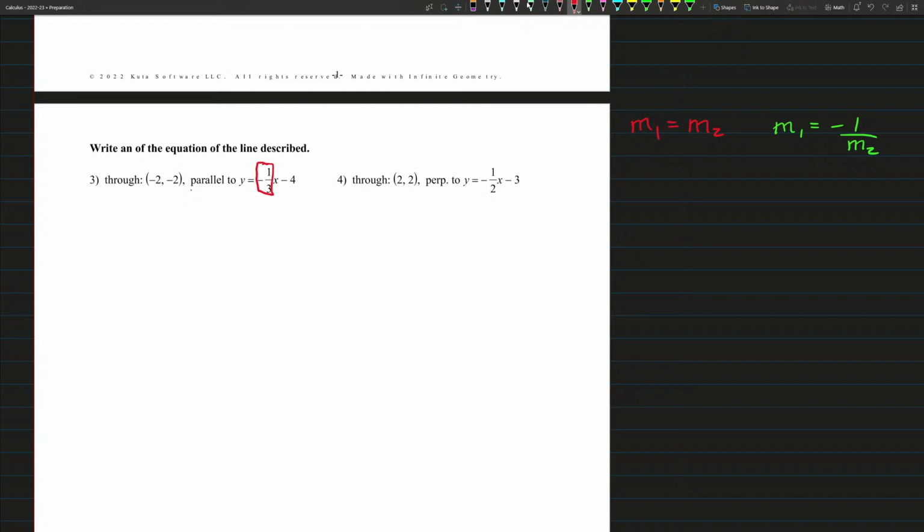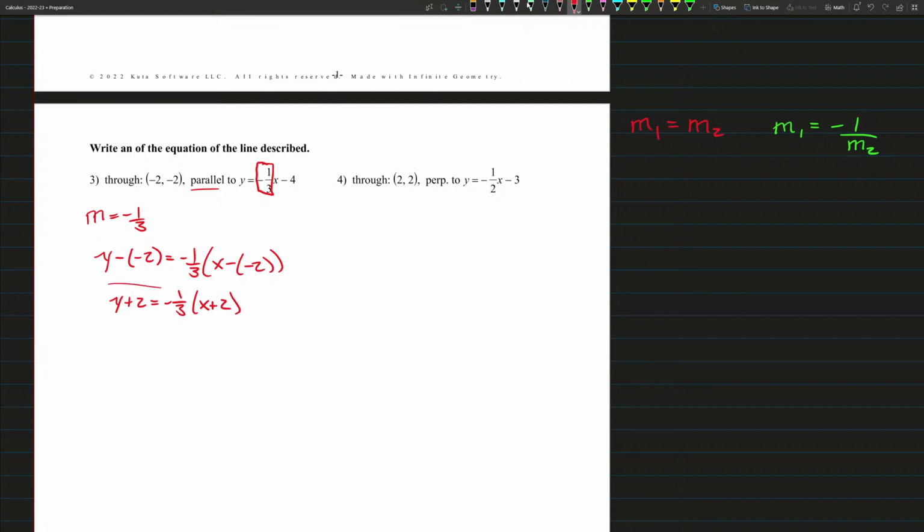That's -1/3 because we're looking for parallel. And we have a point. So again, I'm going to plug this into point slope form. So y minus -2 is equal to -1/3 times x minus -2. So y plus 2 is equal to -1/3 x plus 2.